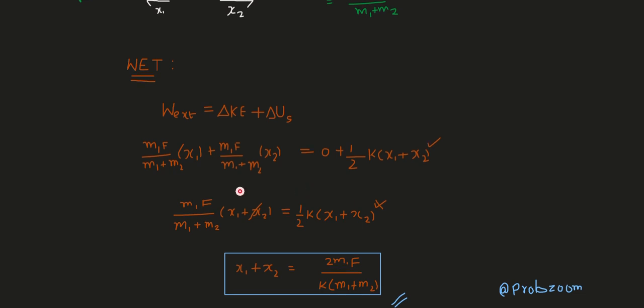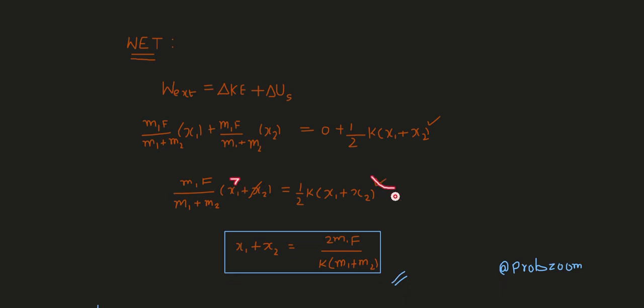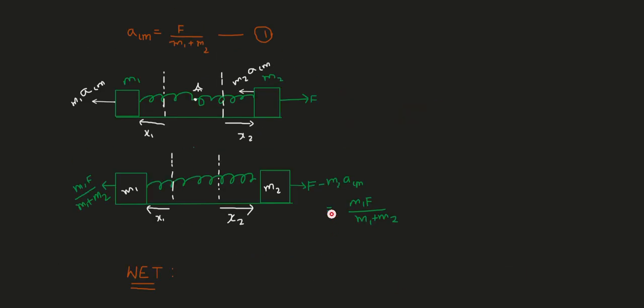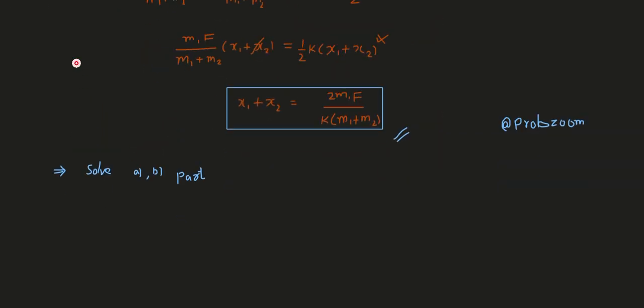If we take m1 F by m1 plus m2 common, x1 plus x2 cancels here. So we get the total extension in the spring, x1 plus x2 equals 2 m1 F by k times (m1 plus m2). If we substitute the same masses here, we get the answer of part A, and part B we have already solved here.